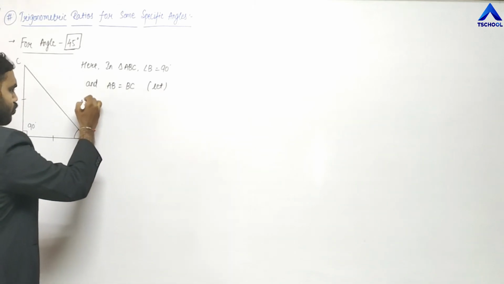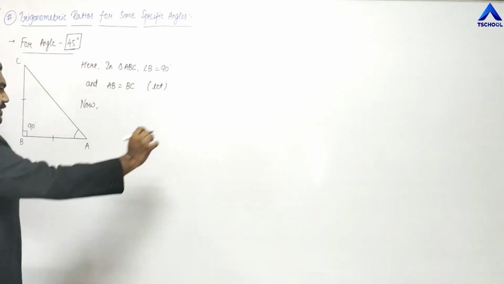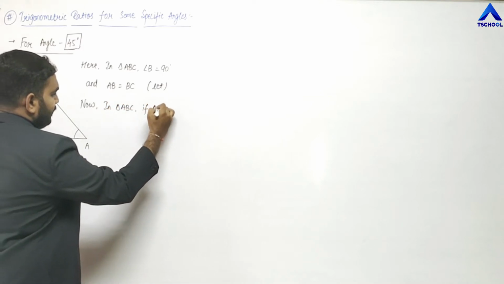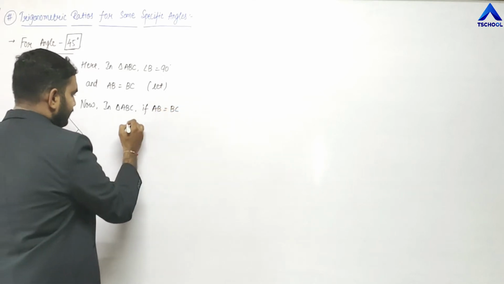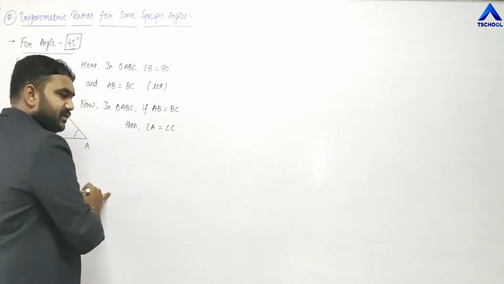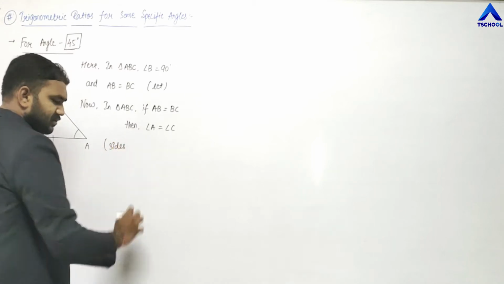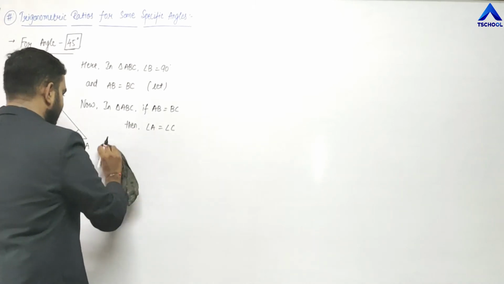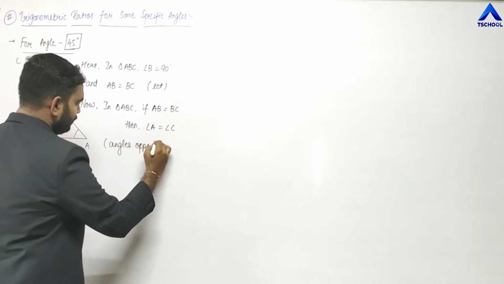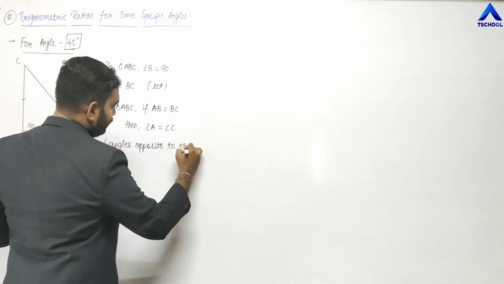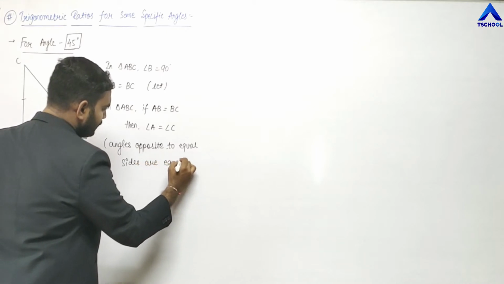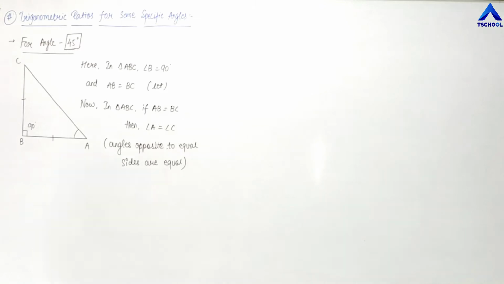Now, as we have studied in 6th chapter, in triangle ABC, if AB equals BC, then angle A is equal to angle C. The reason being, that is the converse: angles opposite to equal sides are equal.